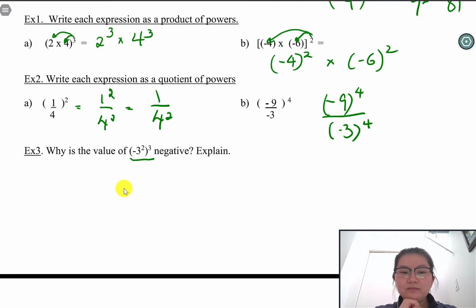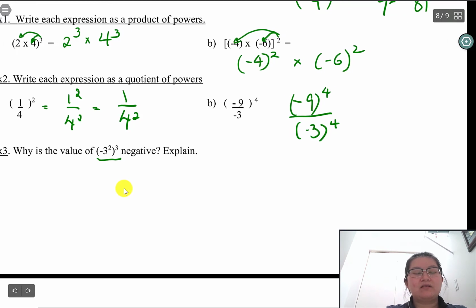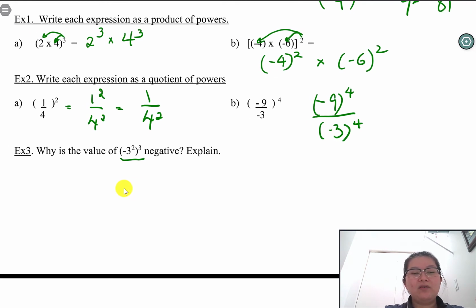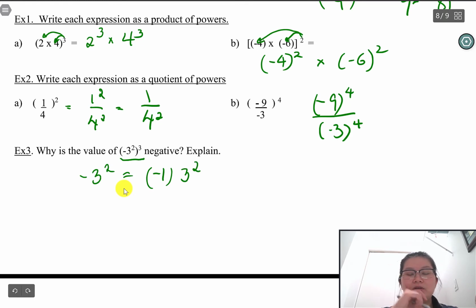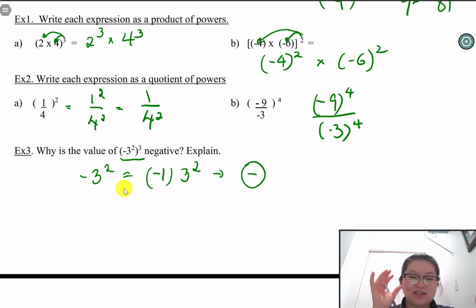So let's talk about the inside. First of all, we know that negative 3 to the power of 2 is just negative 1 times 3 to the power 2. So whatever's inside, this is going to be positive. This is going to be negative. So inside the brackets, we have something that's negative.